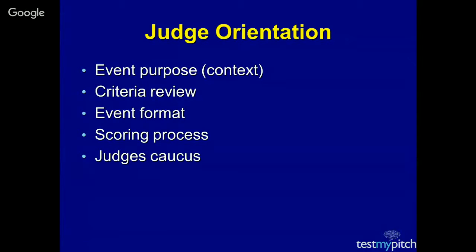From an orientation standpoint, the first thing, and this is actually where a lot of organizations fail, is that they may have evolved good criteria, but they more often than not forget to be very precise and communicate what the context of the event is. What's the purpose of this event? What's the purpose of this judging? In other words, these are all very early stage entrepreneurs.